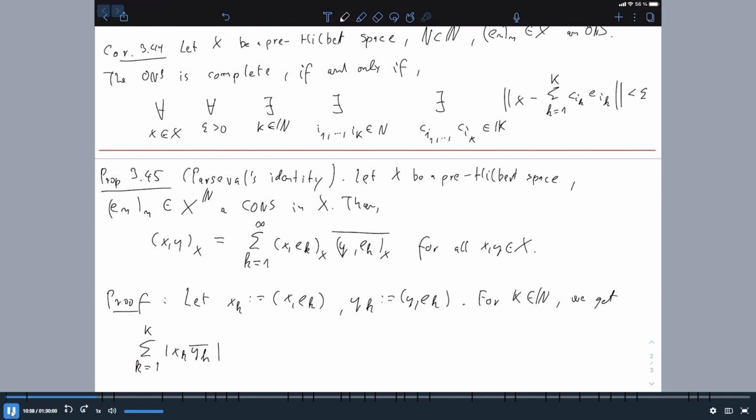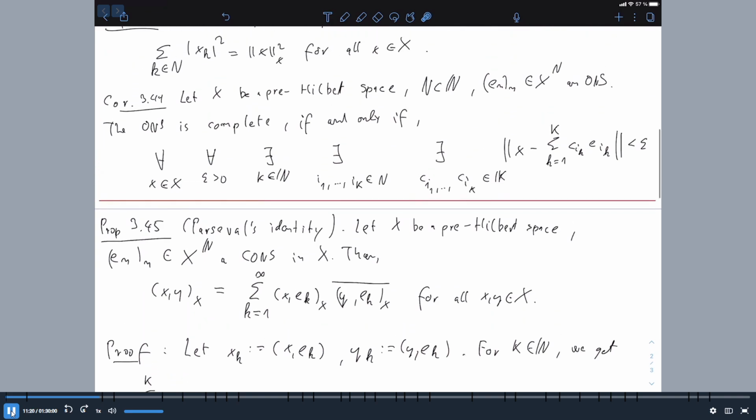Now I somehow need to bound this. There's not so much that I know. We just know that x and y are in X, which would mean that since the orthonormal system is complete, the norm is finite, and we know that this infinite sum is finite.